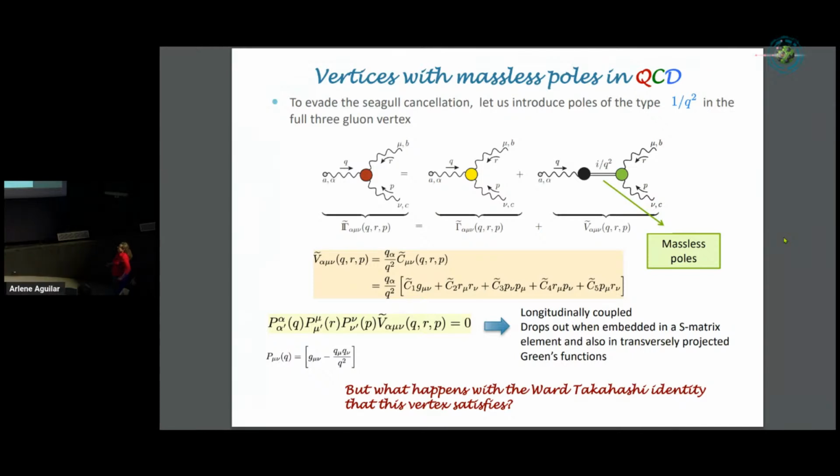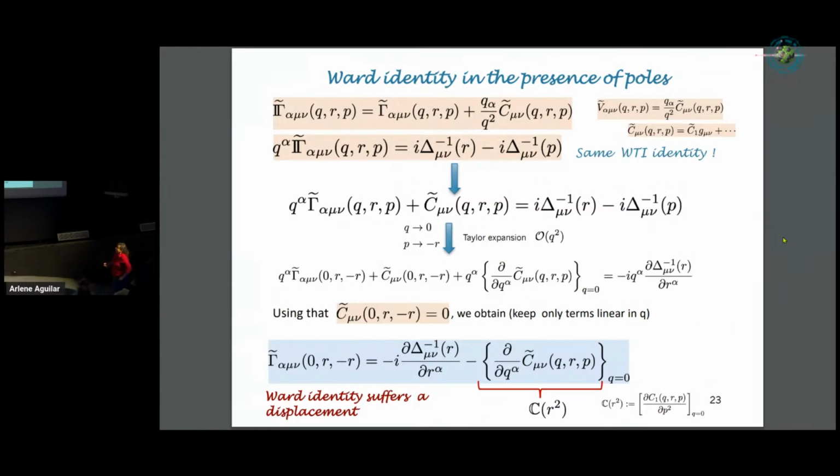And what happens with the Ward-Takahashi identity that the full vertices satisfy? What is the presence of this massless pole going to do to the Ward-Takahashi identity? The Ward-Takahashi identity should be satisfied in the same way.